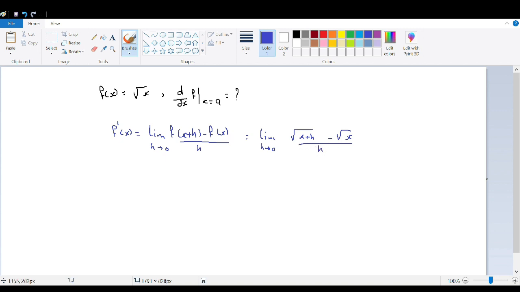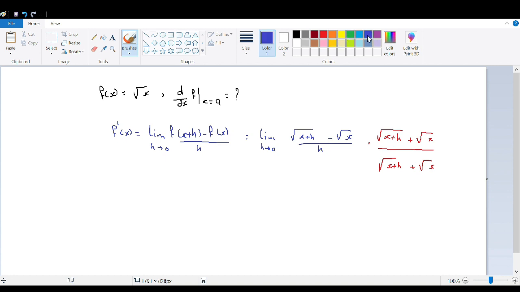If you use direct substitution, you will get 0 over 0. So it's better to multiply by the conjugate, which is root of x plus h plus root of x, and divide by root of x plus h plus root of x.